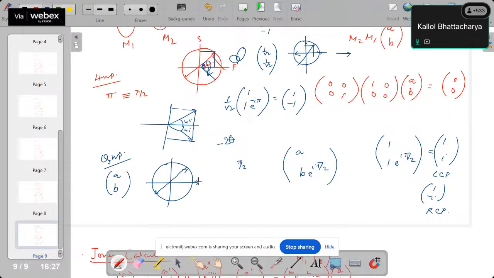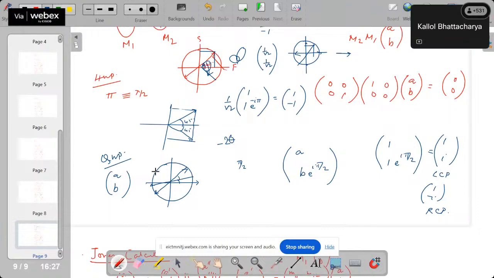And for any other orientation, for example, if this makes an angle of 30 degrees or whatever, if this angle is not 45 degrees, then in general, you have elliptically polarized light. So a quarter wave plate is used to generate, in general, elliptically polarized light from linearly polarized light. And specifically, if it is 45 degrees, then you have circularly polarized light.